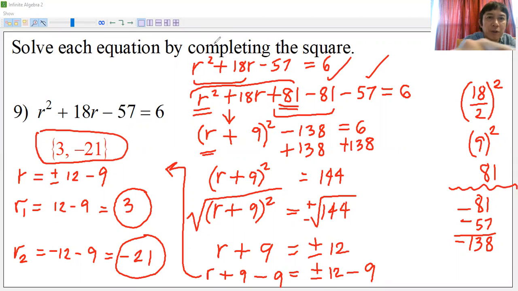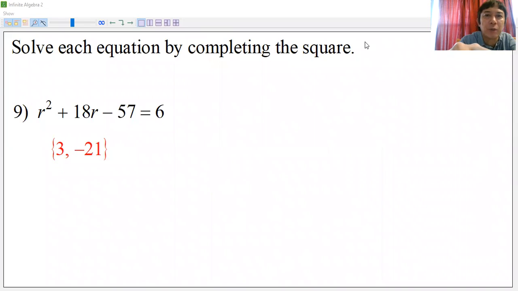These are our answers. I hope you were able to see the way to do it. What you learned from completing the square is actually used here. So let's continue. Clear the screen. Have the next problem.